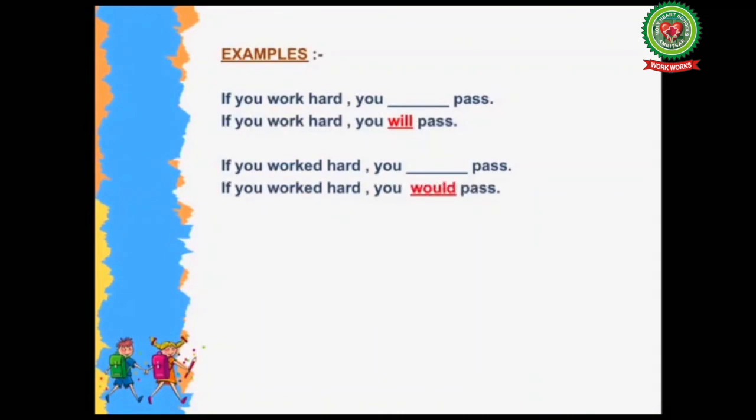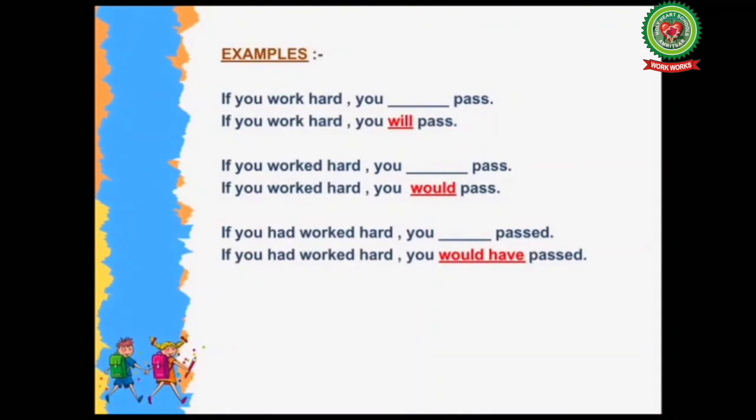So our answer will be: if you worked hard, you would pass. Next one. If you had worked hard, you ___ passed. What will we write here? If you had worked hard, you would have passed. Now these sentences we have done according to the rules that we have discussed in the table. I hope you have understood this.